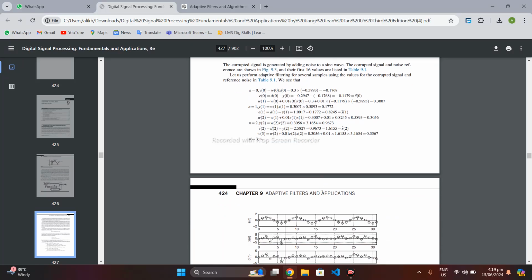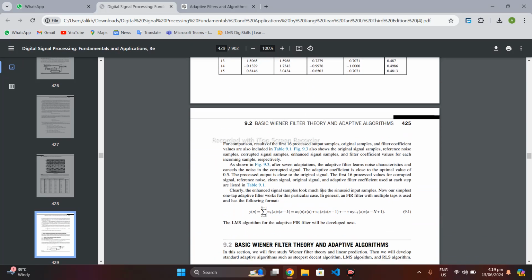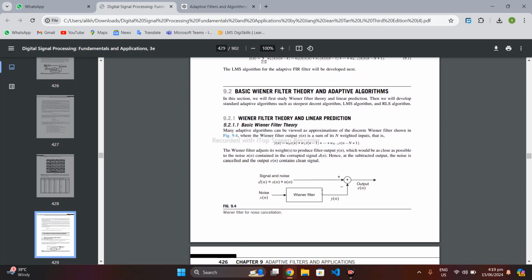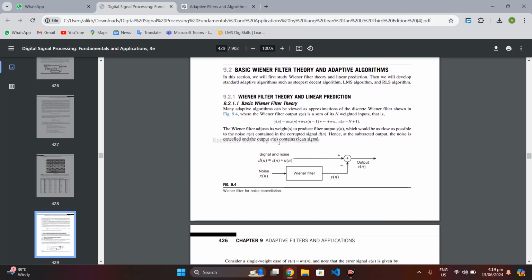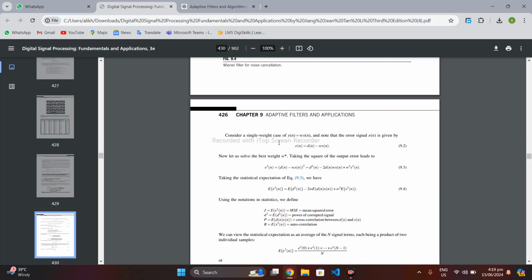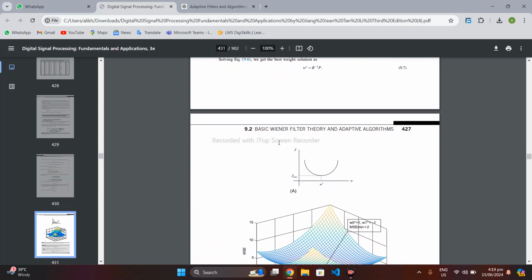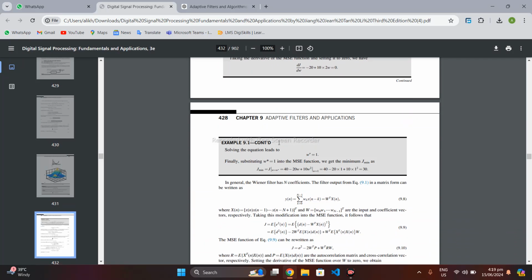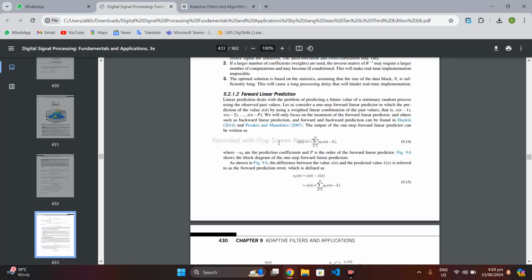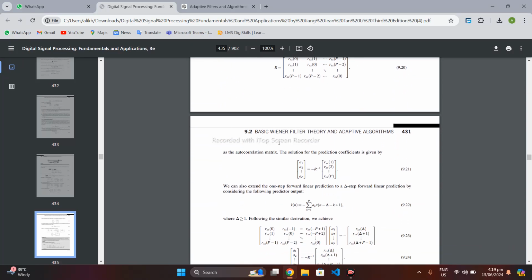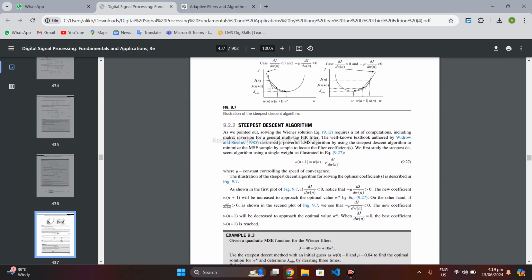So some topics we have discussed already. Here is the Wiener filter theory and adaptive filters. All these we discussed earlier. There is no need to discuss them now.